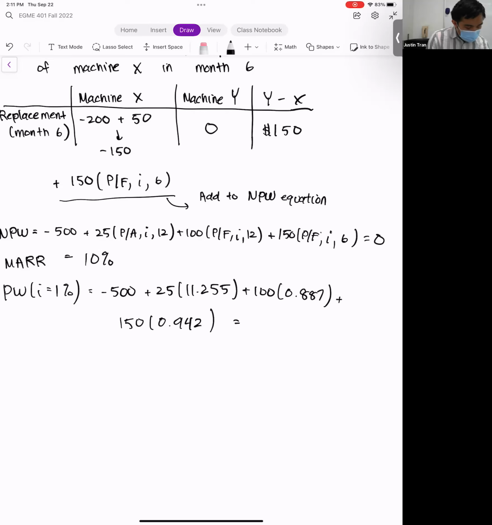Okay, and then what we get from this is 11. So that's pretty close actually. 11 is pretty close to 0, and so we're in the right ballpark. And so let's see if we can push it over the limit. Let's check the present worth at i equal to 1.5%.